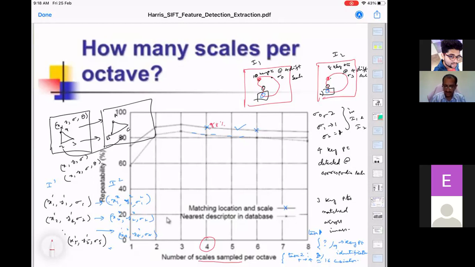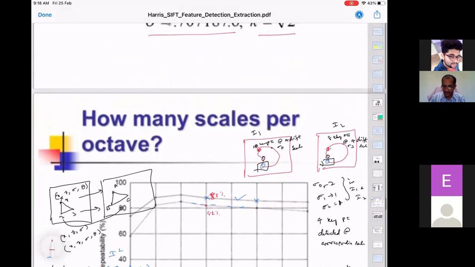I just put some number, 88%. And the accuracy with which we can match the corresponding points, not just identifying key points but matching across images, is 81% or 82%. So that's the difference. I hope you understand these curves now.